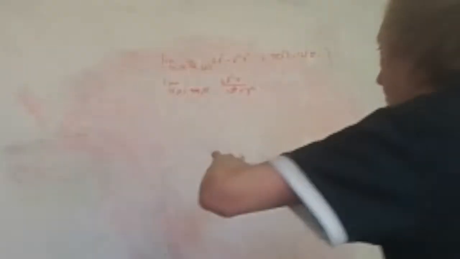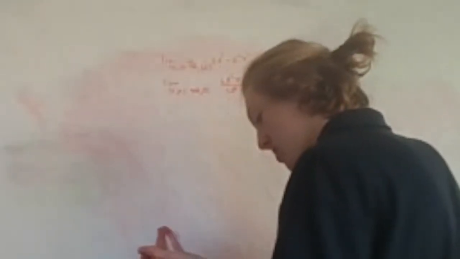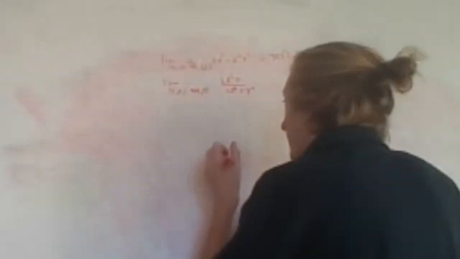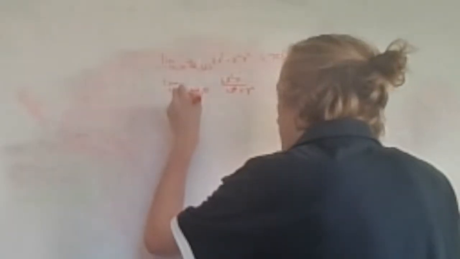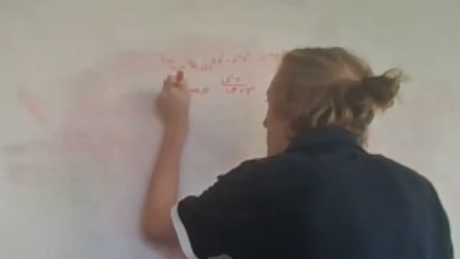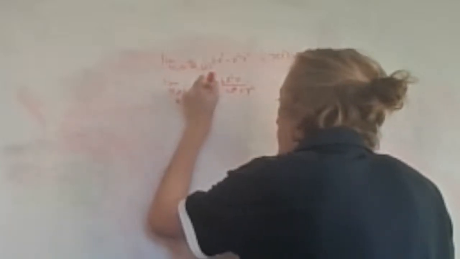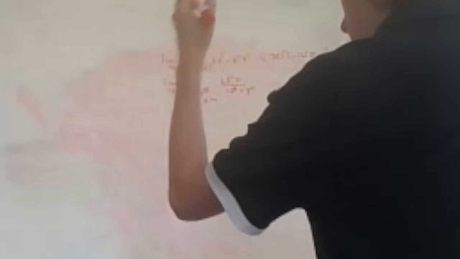So we're going to approach (0, 0) along x equal to 0. So x equal to 0 is this line.